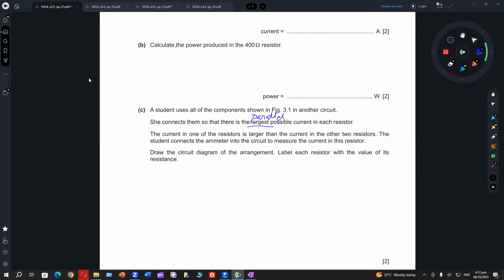Now, why 100 ohm? That answer is right. But why 100 ohm? Because least resistance will have maximum current. So this is the right answer.